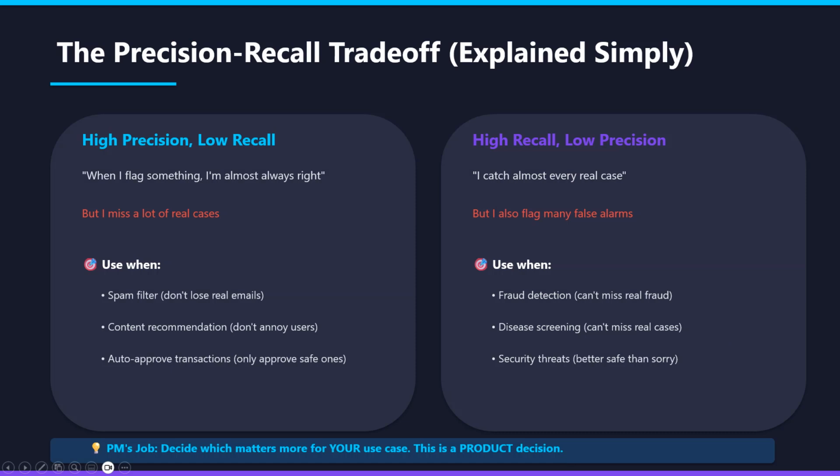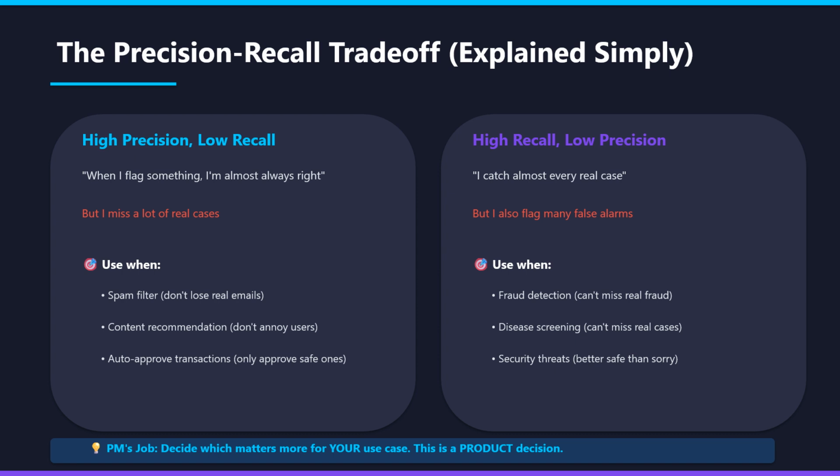Now let me spend a couple of minutes on the single most important technical concept for PMs to understand: the precision recall trade-off. Once you get this, you can have intelligent conversations about any AI model. Imagine you are building a fraud detection system.